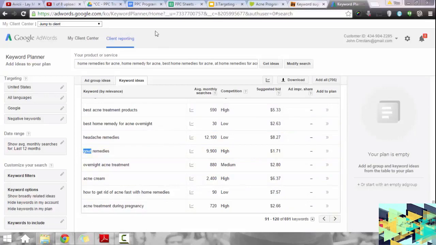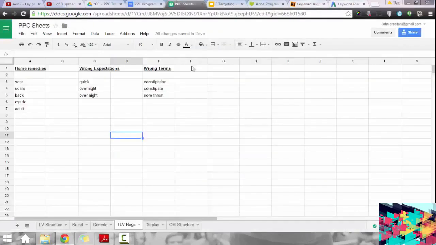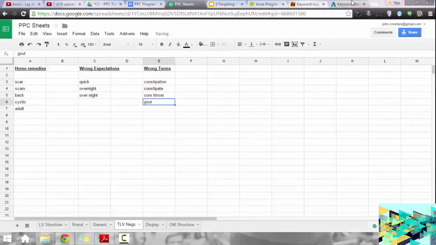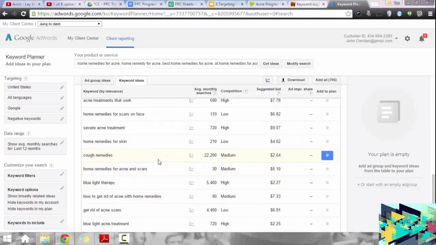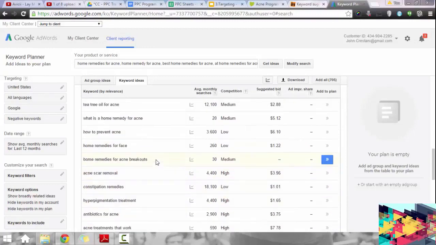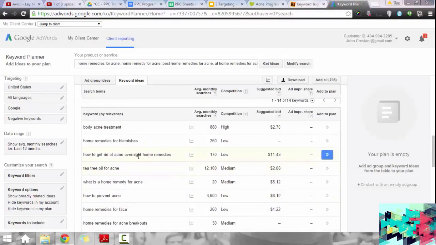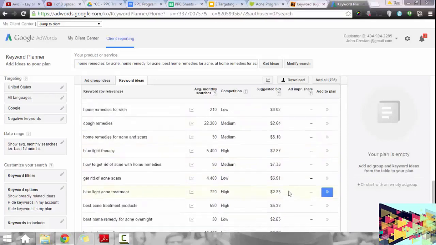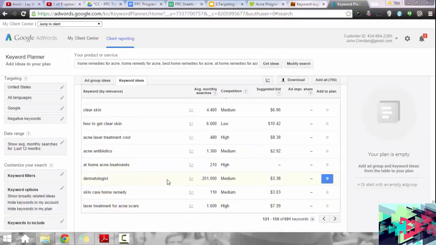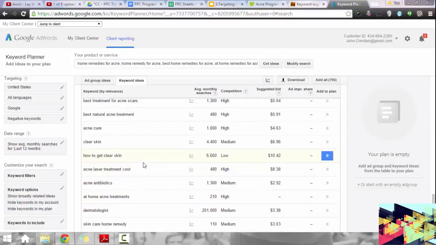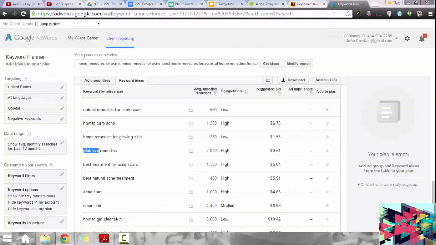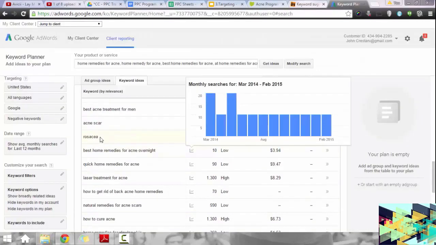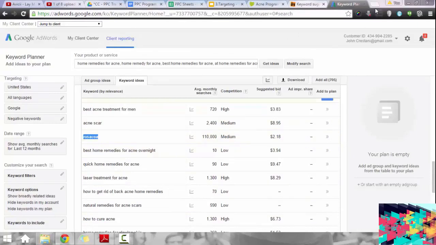Out. So if these are terms that Google's throwing up, again, we just get rid of them. Oil for acne, blemishes. I think blemishes are the same thing. I don't know what rosacea is.